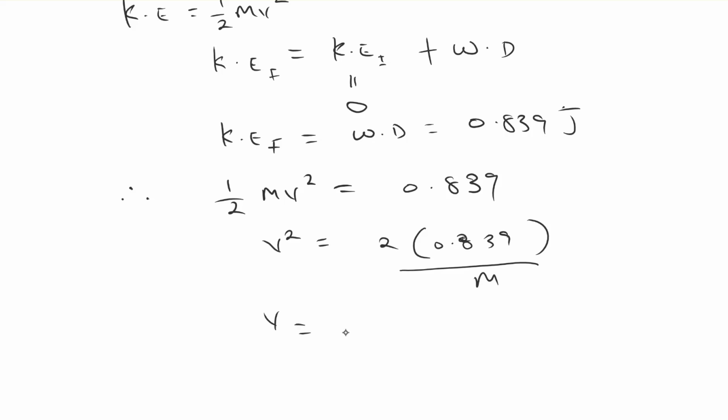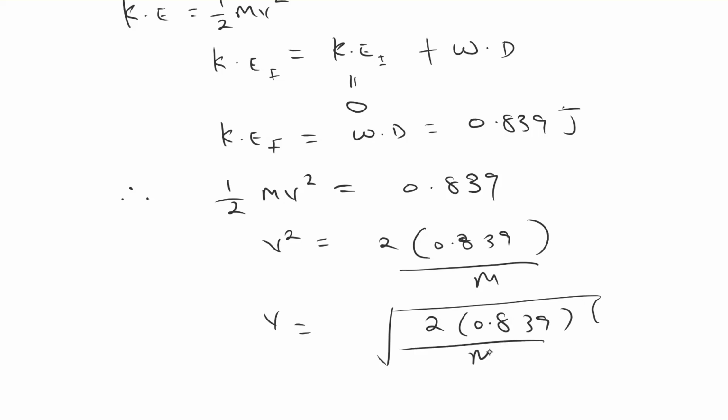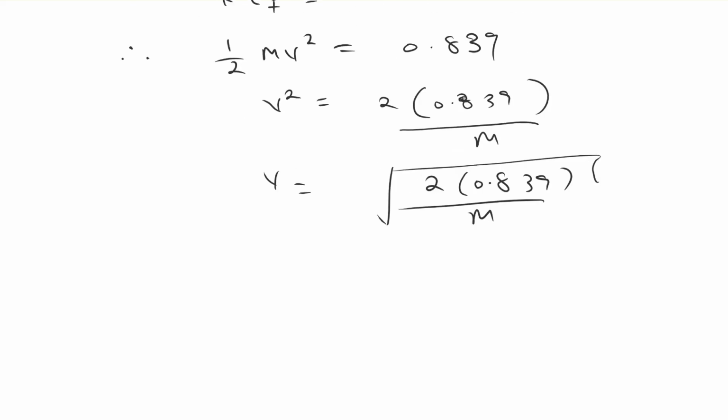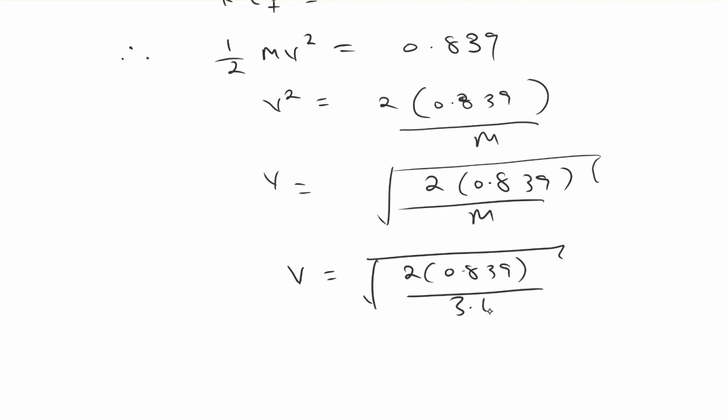Hence v is equal to the square root of 2 times 0.839 over m. We have m as 3.18, remember? So by plugging all these values in, we have 0.839 over 3.18.